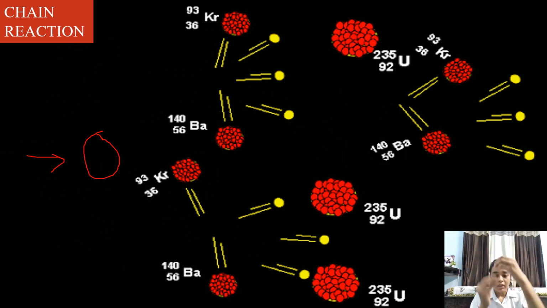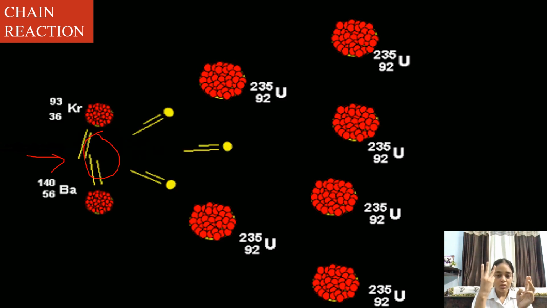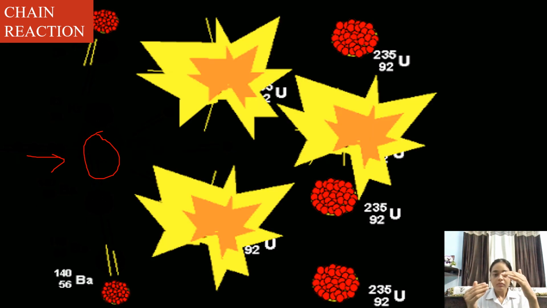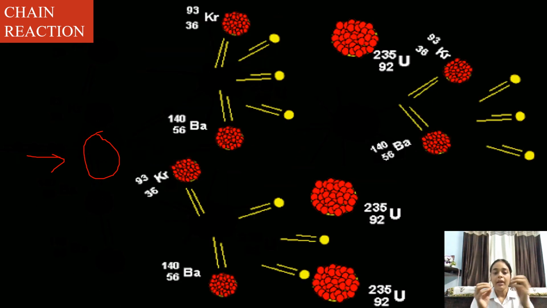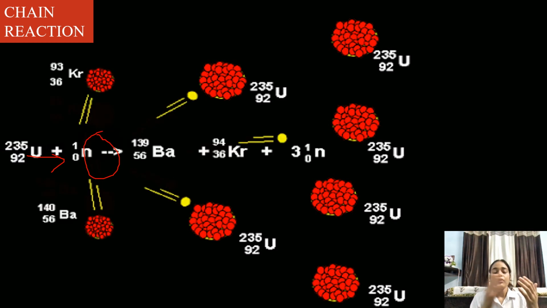They are moving upward and downward, and that leads to the formation of three neutrons. These three neutrons further combine with uranium 235, leading to the formation of three more neutrons, which again combine with uranium 235. So the reaction goes on and on.